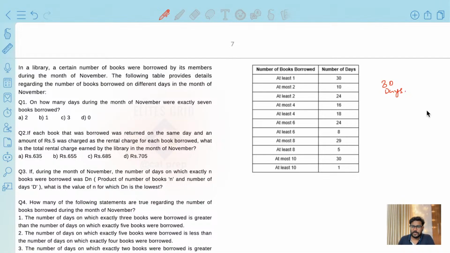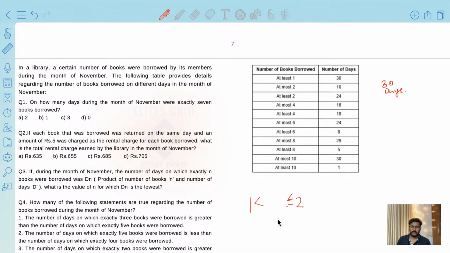Let's go back to the study. At least one. No, it's at least one, at most two.